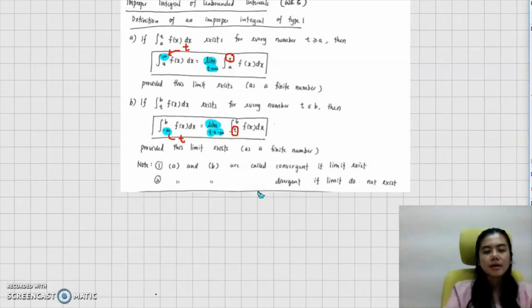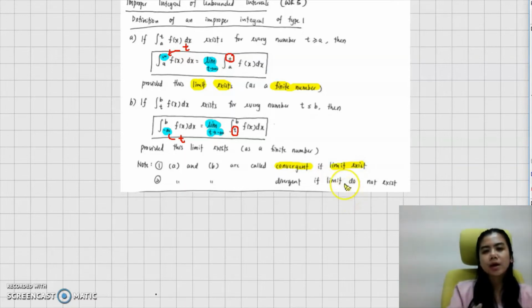And if you look here, I write that whenever you are able to find the limit, and the limit exists as a finite number, meaning that you have some answer, a number like 2 or -3, which says that the limit actually exists, we call it convergent.